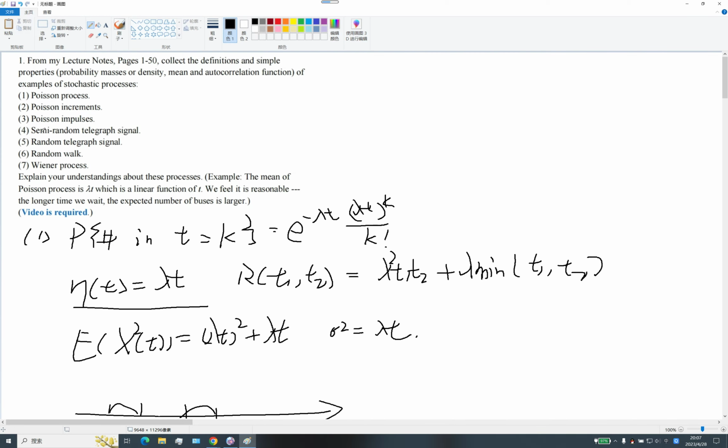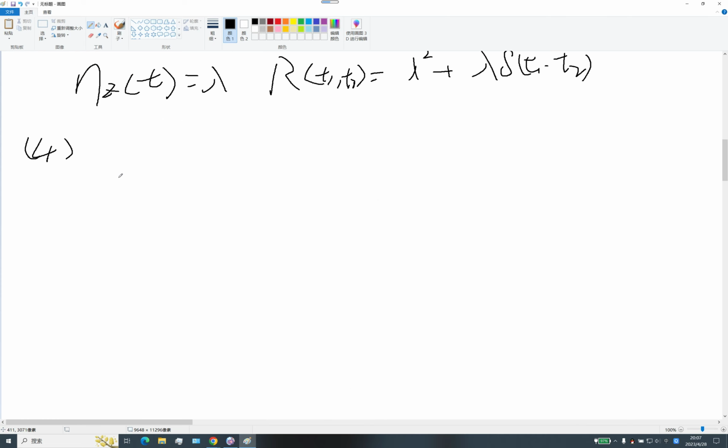And number 4 is the semi-random telegraph signal.